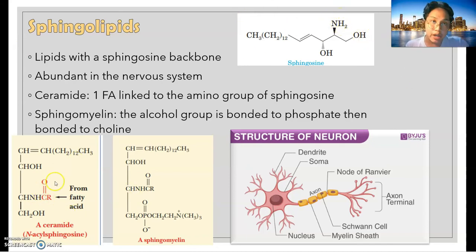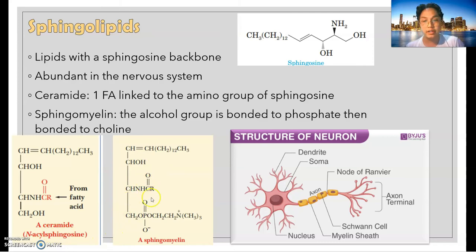A fatty acid, for example stearic acid or oleic acid, attaches to this nitrogen, with the same OH and the same long carbon chain. This backbone is your ceramide, which is an N-acyl sphingosine.